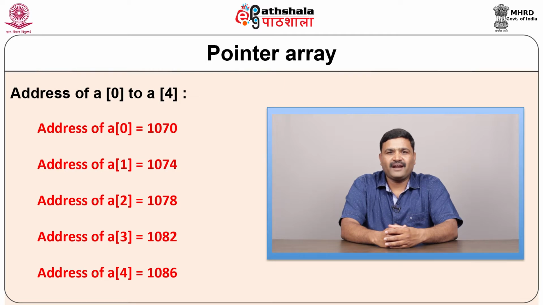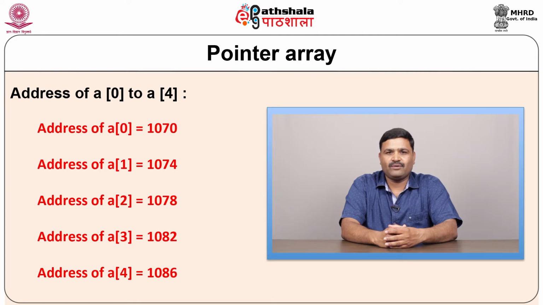Similarly, the memory address for an array can be calculated as follows. That is A[i] = A[i-1] plus size of array element. In this example, we are considering the size of the element as 4. Therefore, A0 equals 1070 is the initial address and A1 equals A0 plus 4.